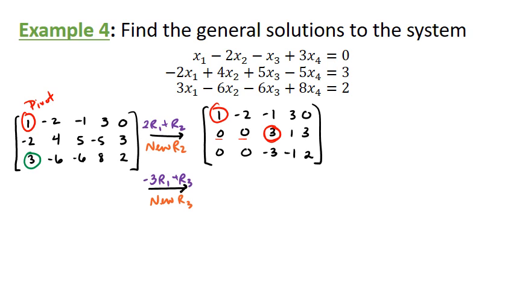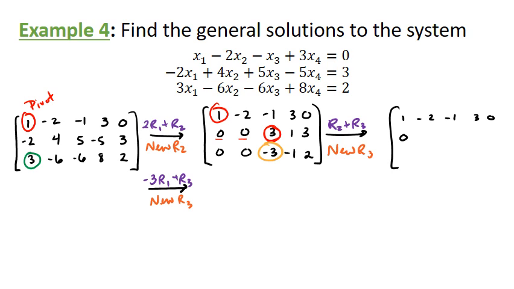So I am going to attempt to make this 0. And that's actually quite simple in this case because all I need to do is add row 2 to row 3, and that will become my new row 3. So I end up with 1, -2, -1, 3, 0.